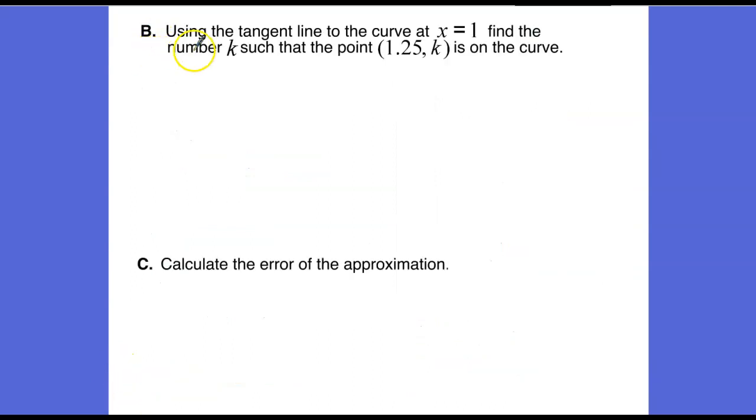In part B, they say using the tangent line to the curve at x equals 1, find the number k such that the point (1.25, k) is on the curve. Okay, so let's rewrite our approximation. f of x is approximately L of x is equal to 3 times x minus 1 plus 1.